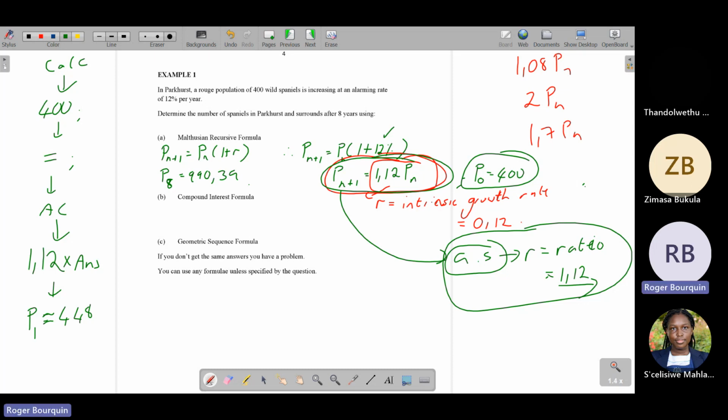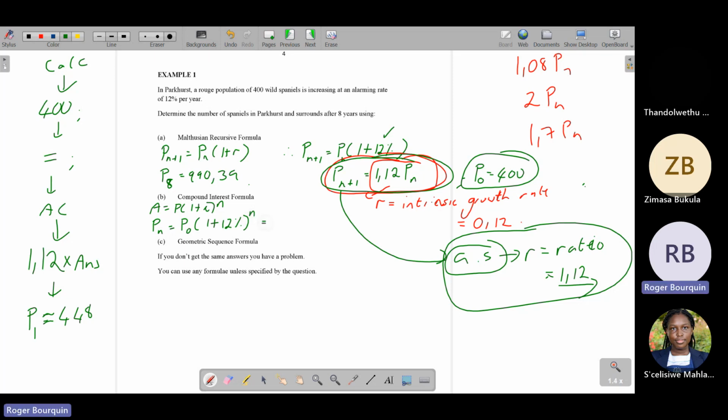The break is at 9:30. So, peak 11 minutes. Over here, the compound interest formula. Instead of using A is equal to P(1 plus i) to the n, what are we going to say? You can write it down like this: Pn is equal to P0 (1 plus 12%) to the n.